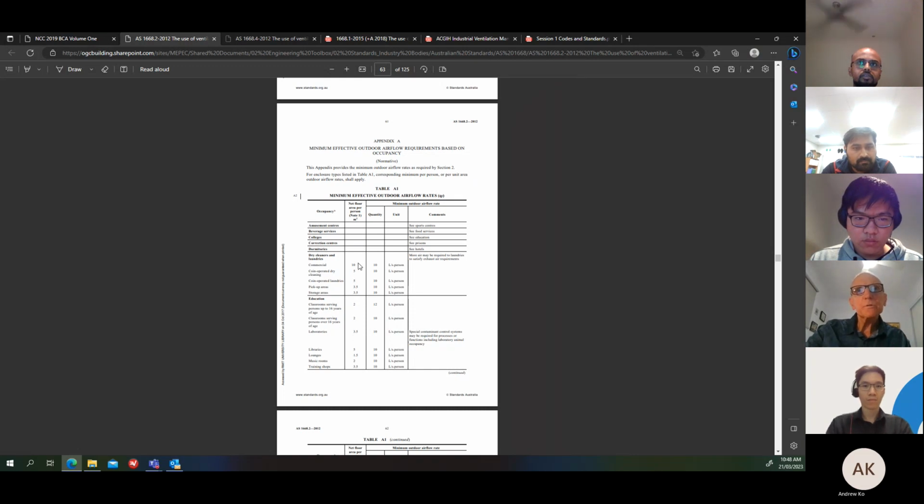If you don't know the number of people, it gives you a net floor area per person, so you can work out the occupancy and then the outside air rate per person. If you do know the number of people, if they specifically say that there's 100 people in this space, then use that. You have to use that.